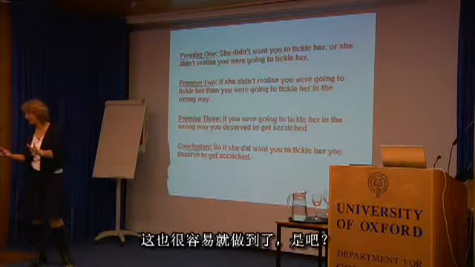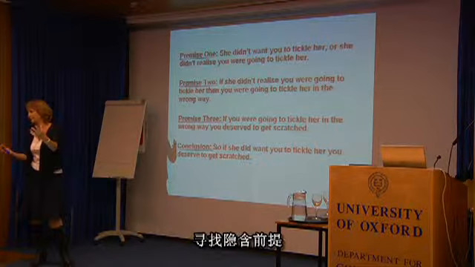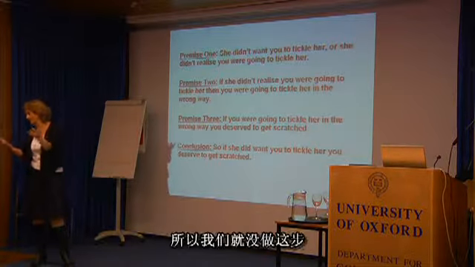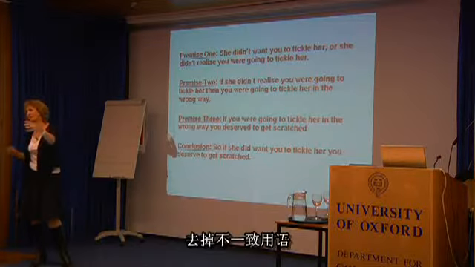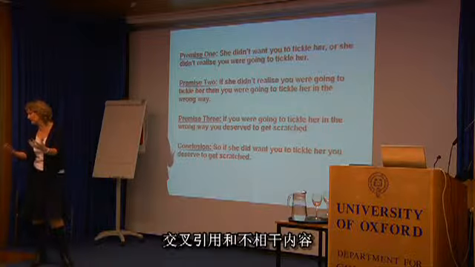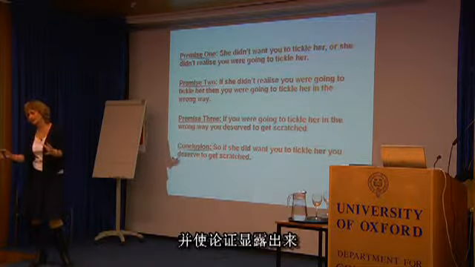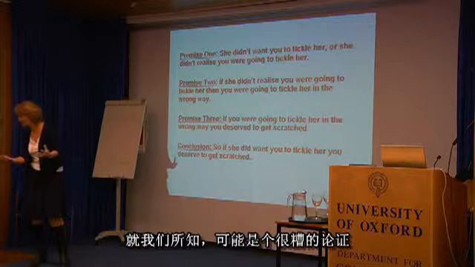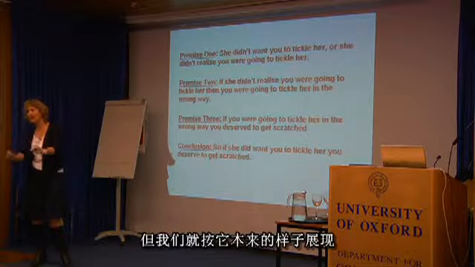We all did that fairly easily. Yes? Okay. We looked for suppressed premises, but I told you there weren't any, so we didn't bother with that one. Then we went through each premise and we removed inconsistent terms, cross-references and irrelevancies and revealed the argument, which might be a very bad argument for all we know, but we revealed the argument that was there.